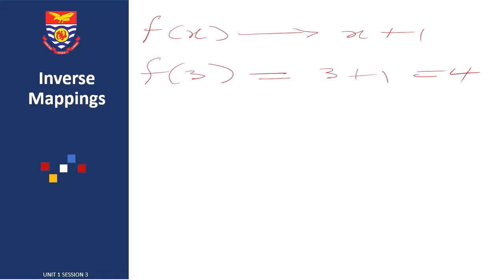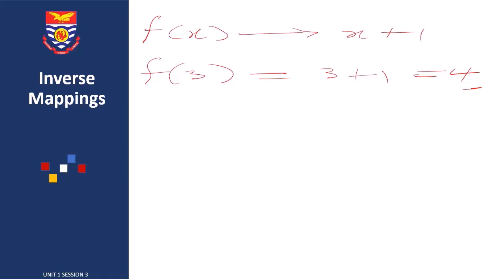Now, the inverse mapping here looks at the process of reversing the 4 to get back the 3. Because you put in 3 to get 4. How do you reverse the process to get the initial value that was 3?